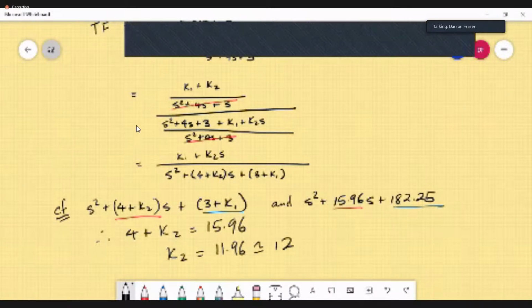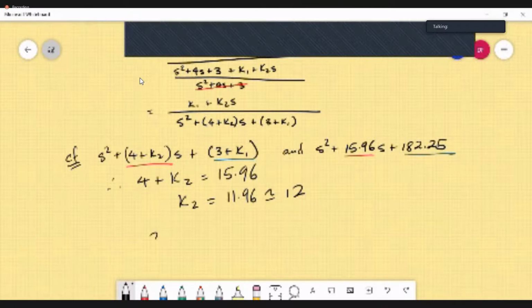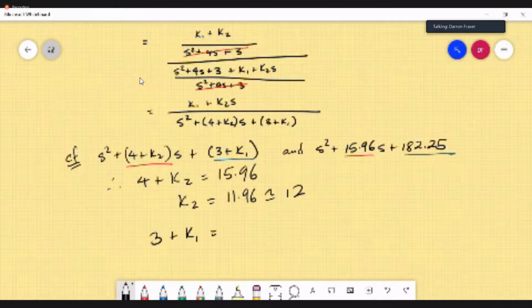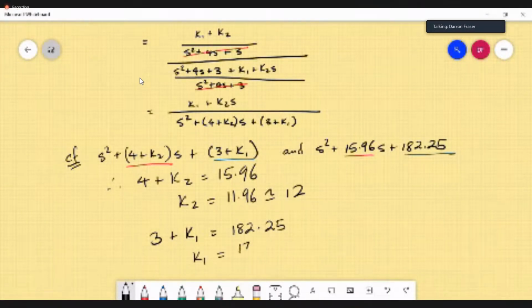And 3 plus K1 is equal to 182.25, so K1 is 179.25.